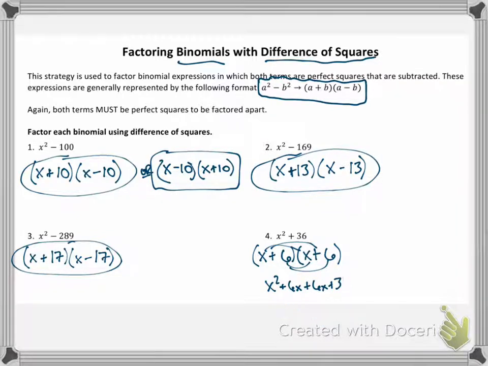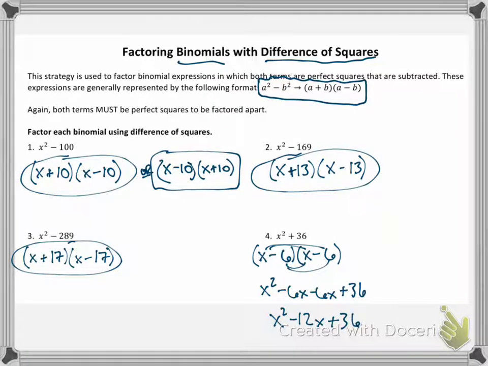The only other combination of signs I haven't tried is if they are both minuses, subtraction signs. Let's do the same thing. X squared minus 6x minus 6x plus 36. If I combine the like terms in the middle, I get negative 12x again. Again, it doesn't match. That's also a problem.